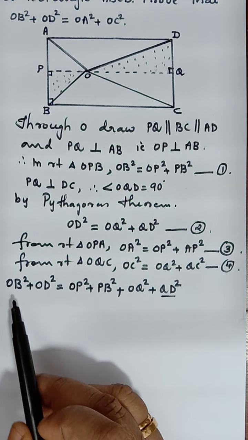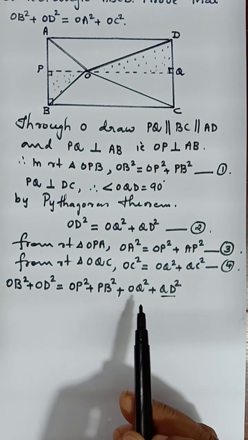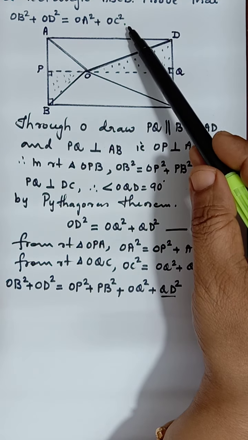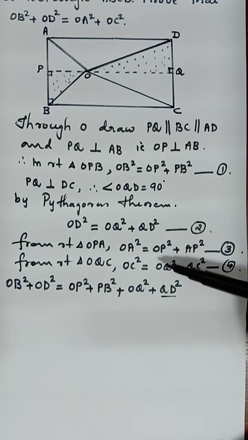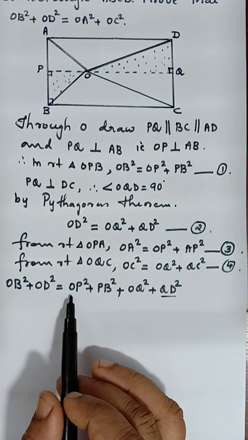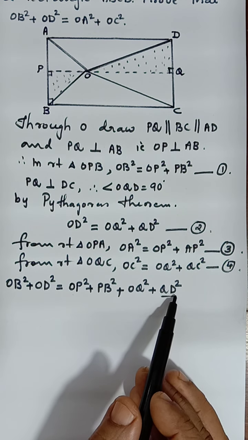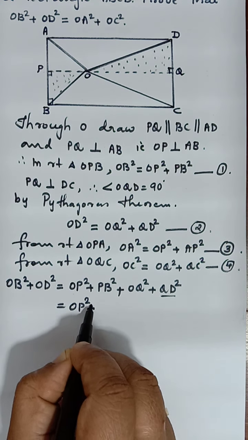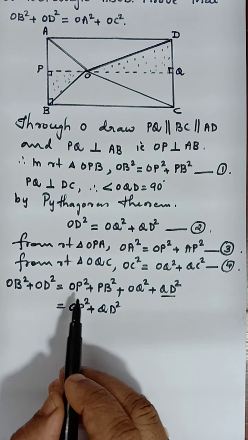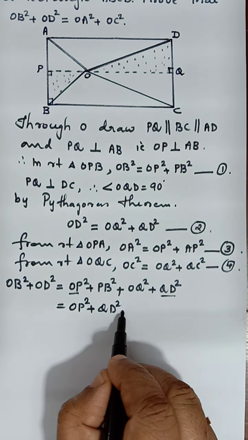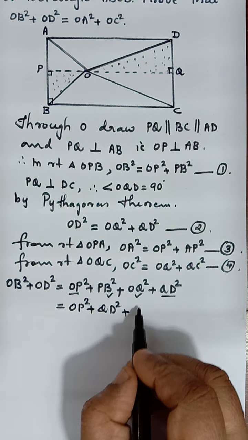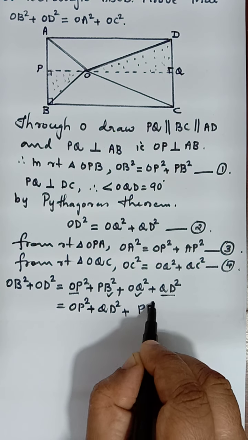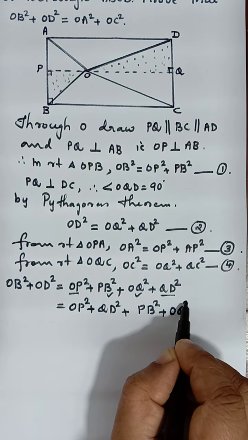Now we have to get the answer as OA square plus OC square. OA square is OP square plus AP square. Instead of AP square we have QD square, so I am writing it nearby as OP square plus QD square. These two I am writing together, plus these two together, from which we get PB square plus OQ square.